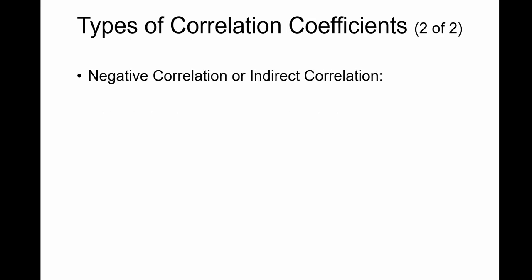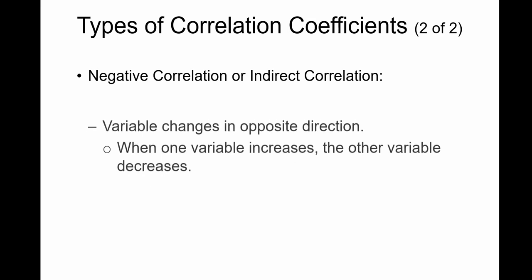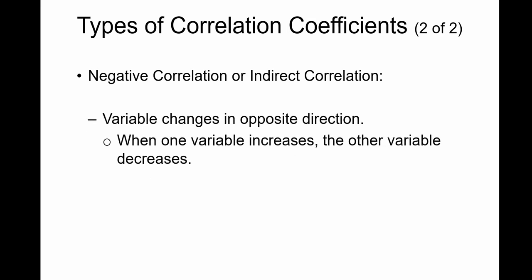Now on the other side of that, we have a negative correlation. Now don't think negative correlations are quote-unquote bad. It just means that the variables move in opposite directions. So I've noted here that it could also be called an indirect correlation. So this is when the variables move in opposite directions. When one variable increases, the other variable decreases.